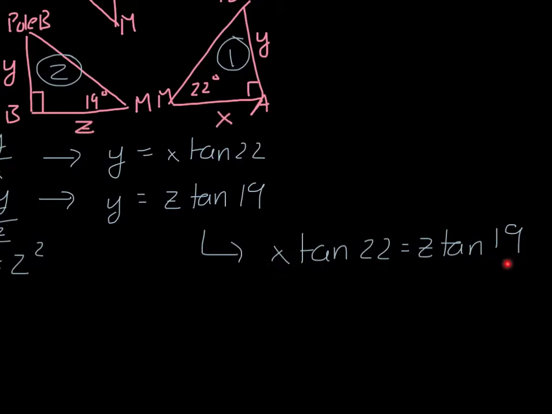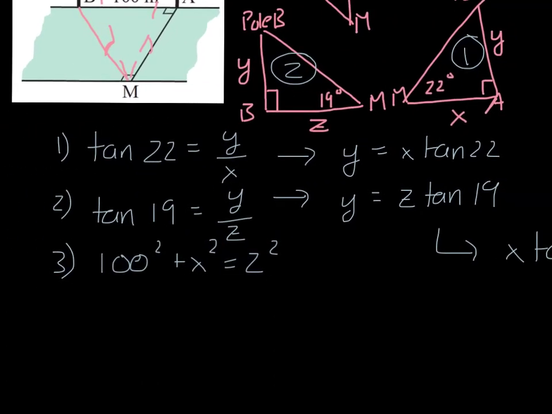And if you go back to the third equation that we wrote over here with the Pythagorean theorem, you'll see that we have an equation in terms of x and z. So what I've done is I've cut this down from three simultaneous equations to two simultaneous equations. I have two equations, two unknowns, and now I can use substitution to solve for x.